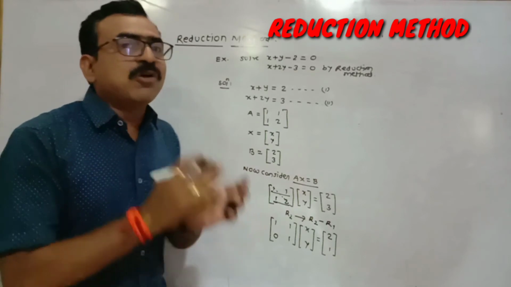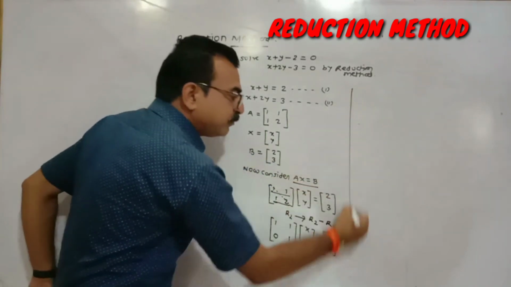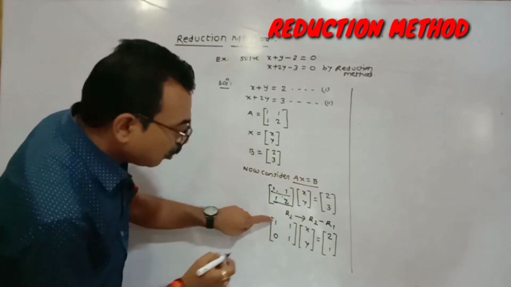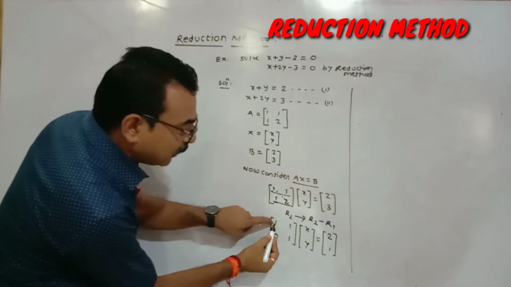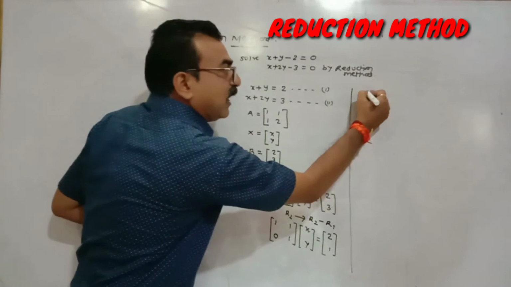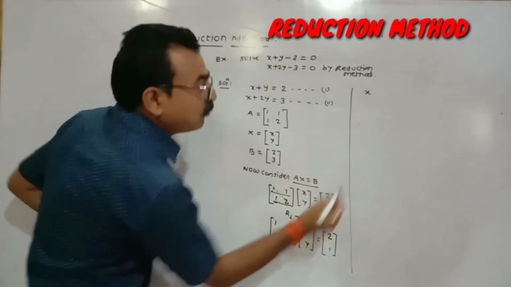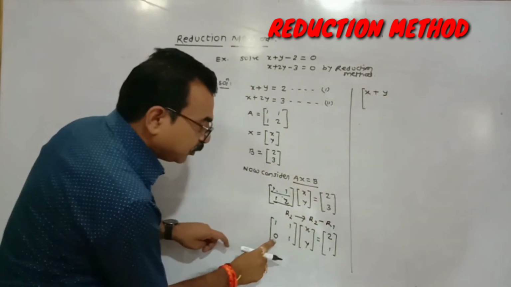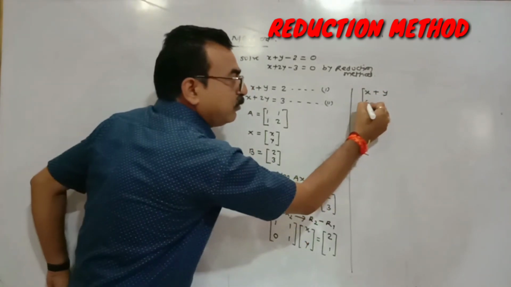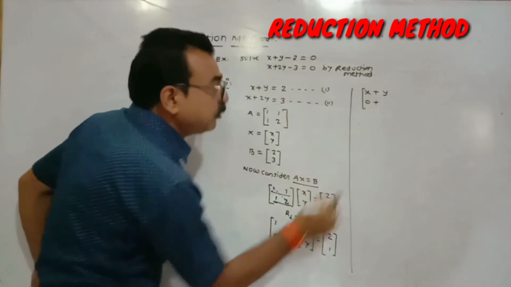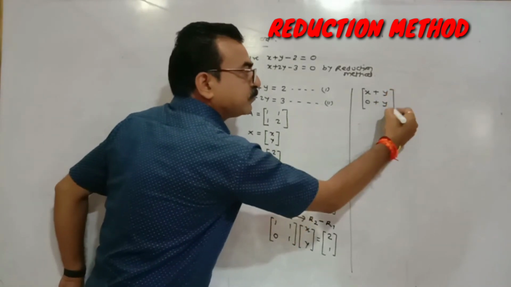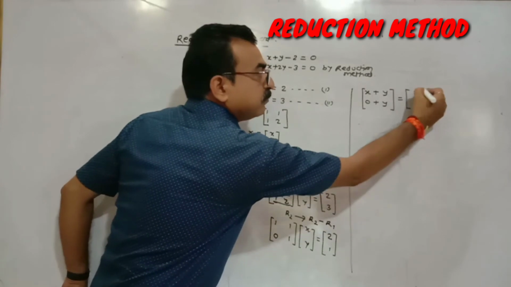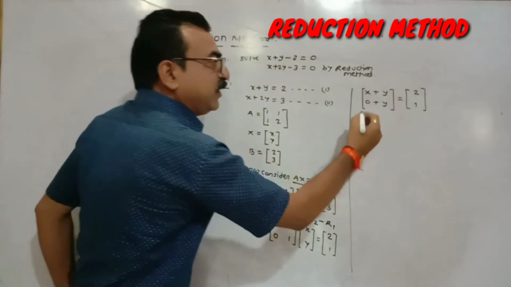Okay. Now what is your next rule? Perform the multiplication on left hand side. So 1 into X means X. 1 into Y means Y plus 0 into X means 0 plus 1 into Y means Y is equal to 2y. Now equate it.